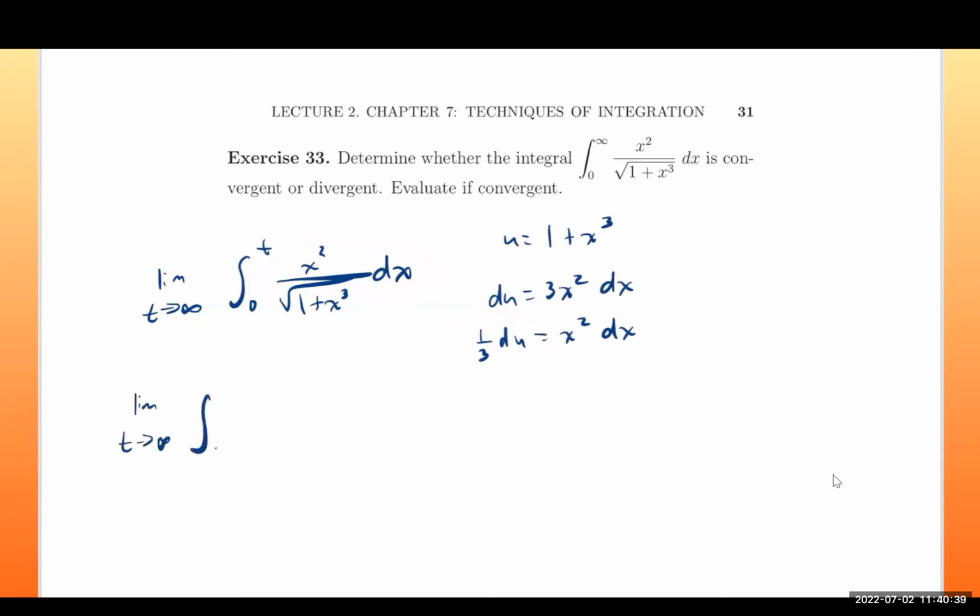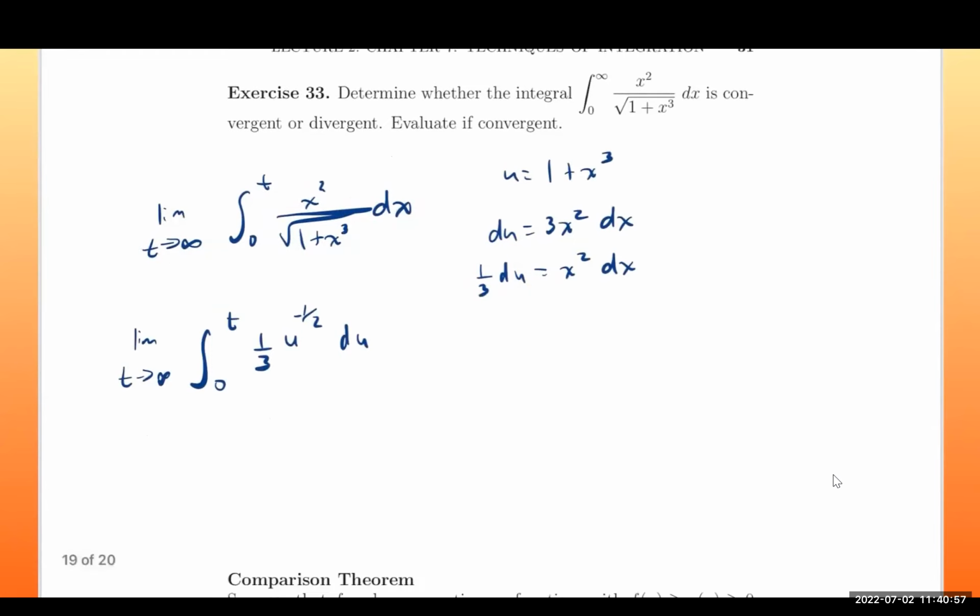So if you rewrite the integral, it's going to look like this. You have 1/3, and then you have u to the negative 1/2 du. All right. So that's what we have so far.